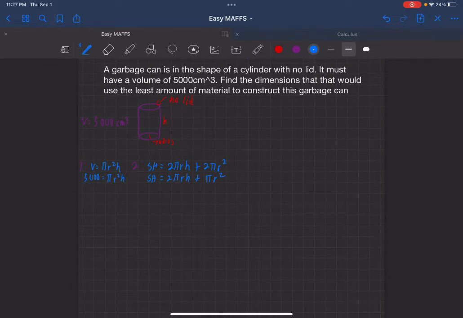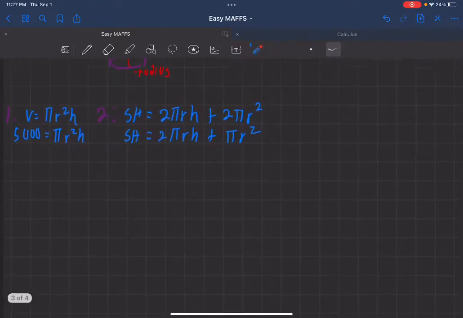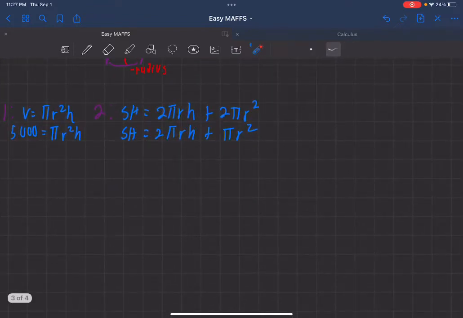So now what? Well, we want to get our surface area as a function of one variable. And in this case, there are two variables: our radius and our height. So how are we going to get our surface area in terms of one variable? Well, we get that from our volume equation.